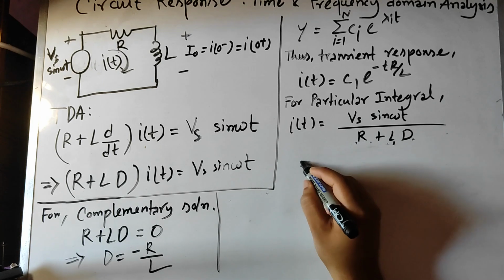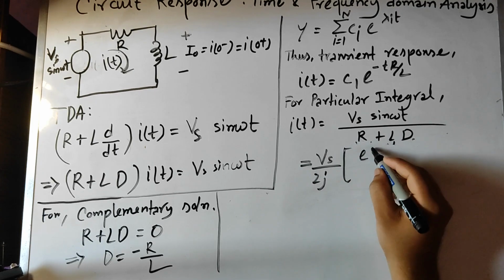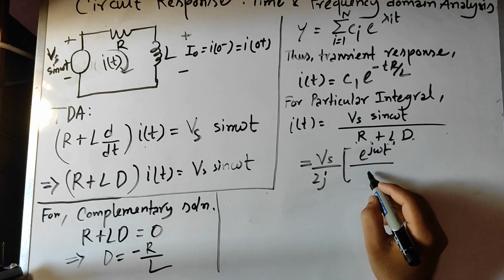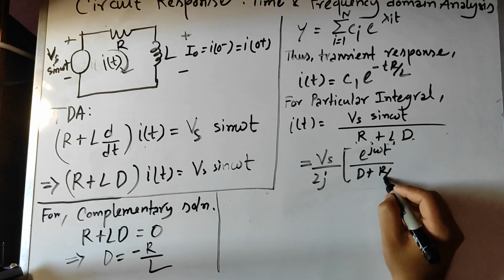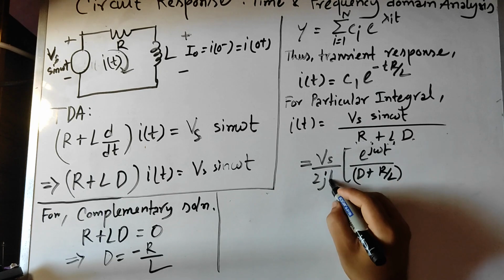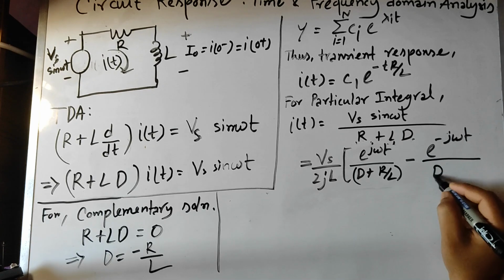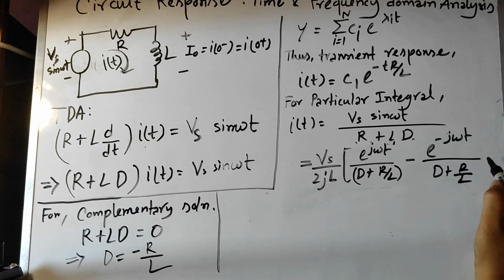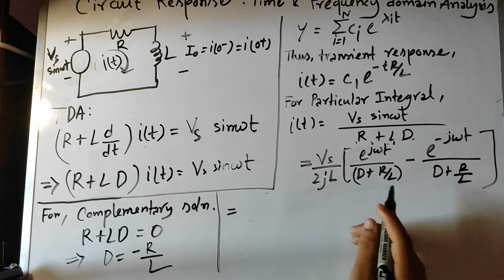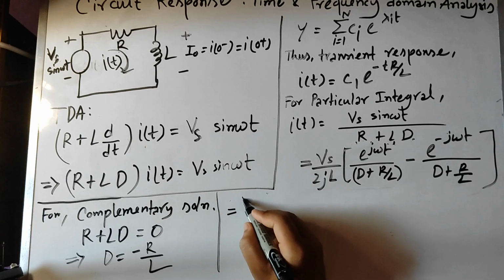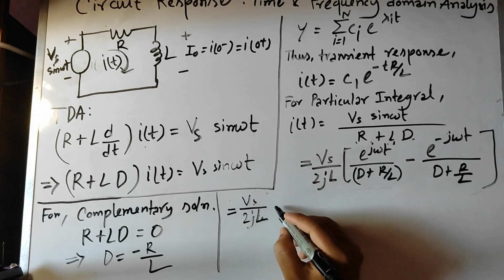So we are going to use these two and the other formulas also. Now let us use the formulas. So V by 2j, e to the power j omega t by (D plus R by L), and e to the power minus j omega t by (D plus R by L).